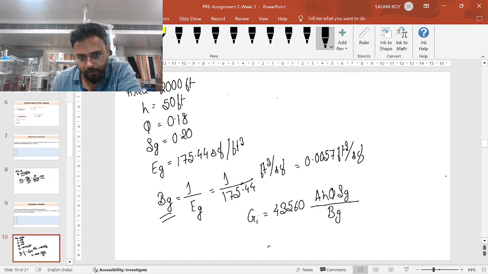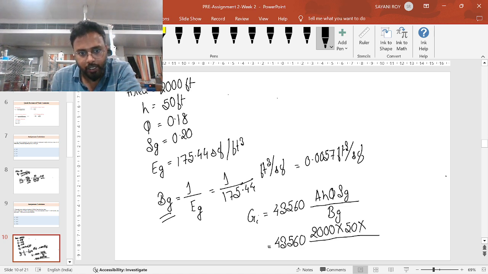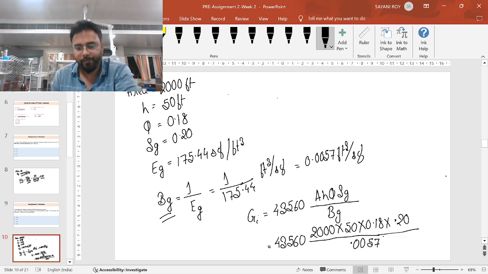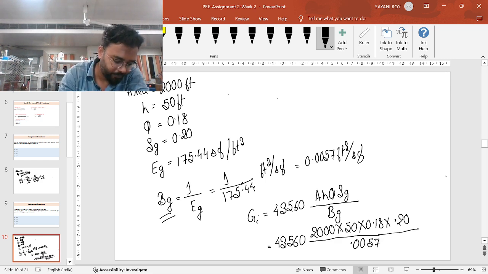So it will be 43560 into 2000 into 50 into 0.18 into 0.20 divided by Bg, which we found as 0.0057.